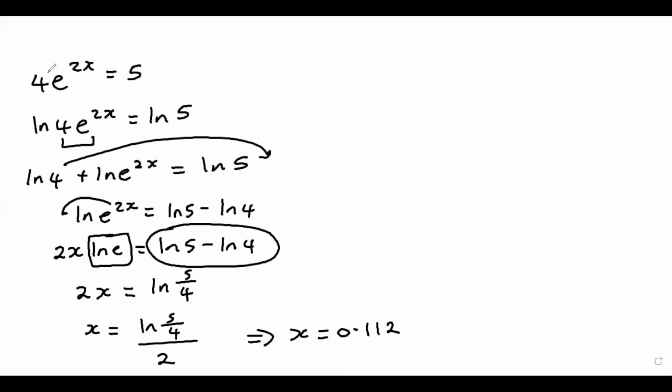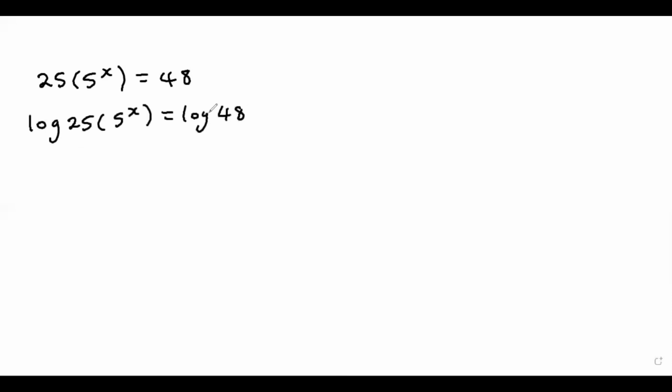So the last question we're going to do here is 25 times 5 to the x is equal to 48. So now, again, we log both sides. So it's log of 25 times 5 to the x being equal to log 48. Because here we have a product, that means we're going to be adding.